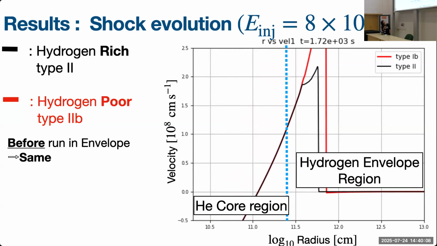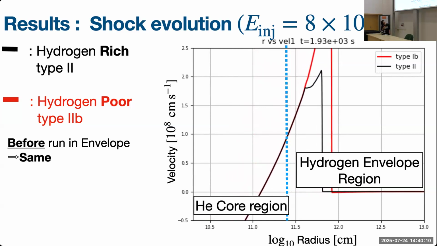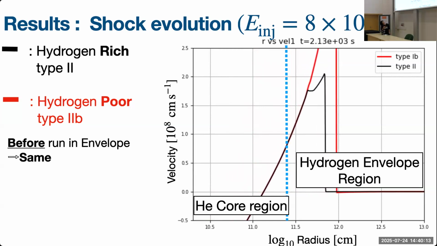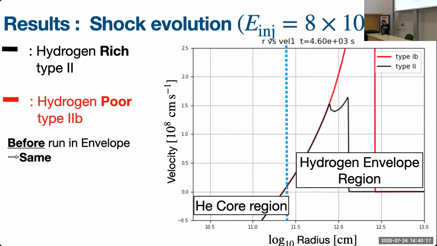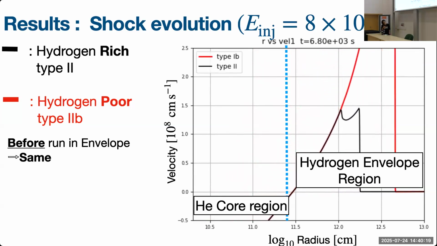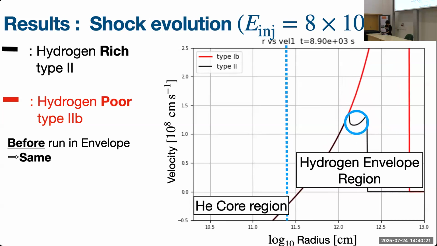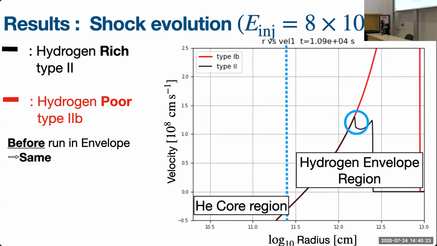As time continues, another shock region appears behind the forward shock region. This area, we call the reverse shock.